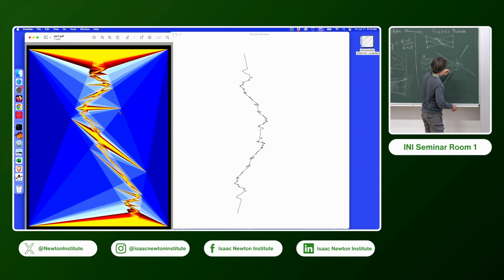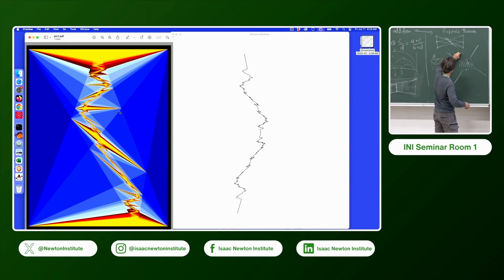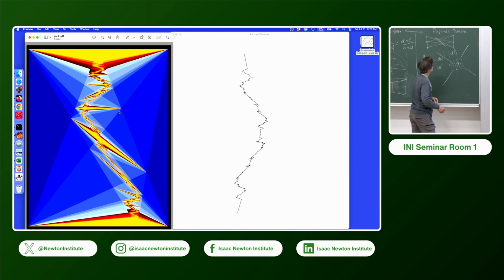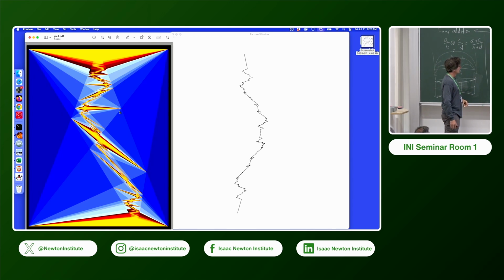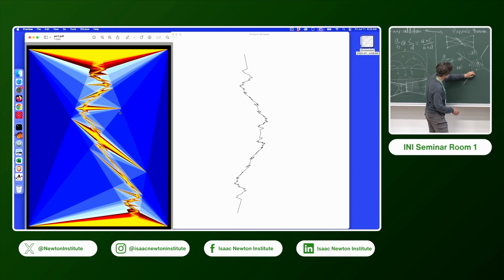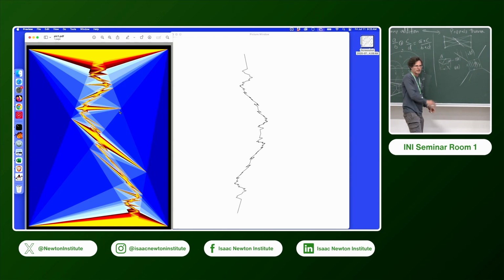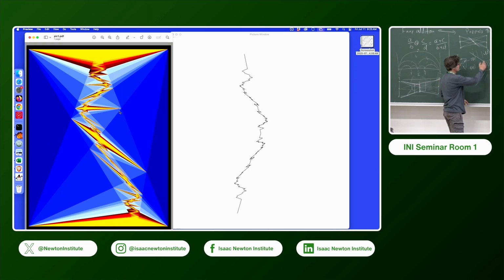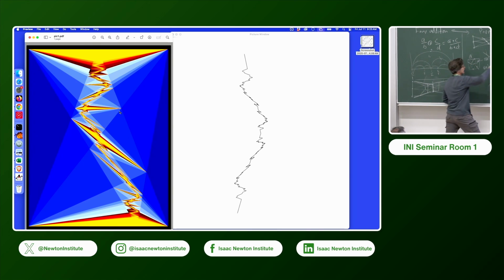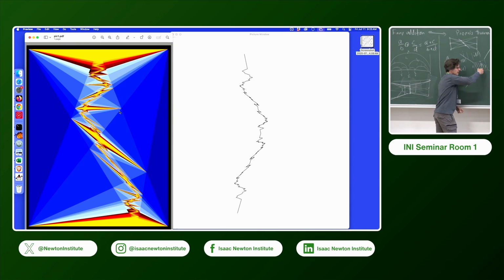I'll shade in A. This is A, and this up here is I of A, and this is also I of A down here. It doesn't look convex, but I want to start with convex quadrilaterals, and it's a convex quadrilateral in the projective plane. It goes like this, and then it goes around and back up and over.